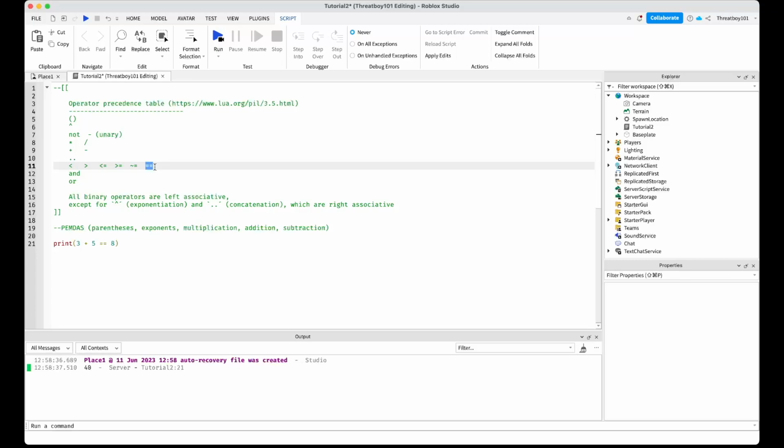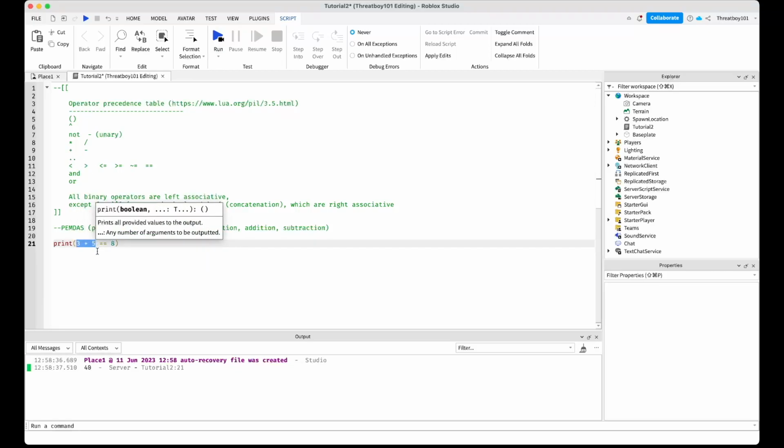Remember, the double equals operation checks to see if the right side of that operator evaluates the same thing as the left side of the operator. So in this case, since plus happens first, it'll do 3 plus 5, which is 8, and then do the double equals comparison to see if both sides evaluate the same thing.